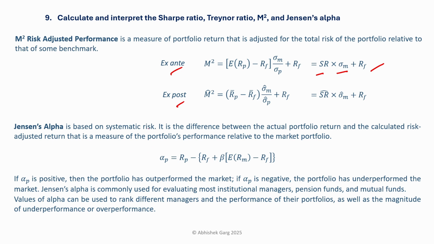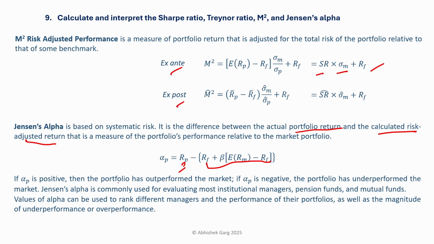Jensen's alpha is based on systematic risk. It's the difference between the actual portfolio return that you achieved and the calculated risk adjusted return, that is a measure of the portfolio's performance relative to the market portfolio. That means the return that you actually generated minus the return that was expected to be generated. The difference between these two terms is called Jensen's alpha.